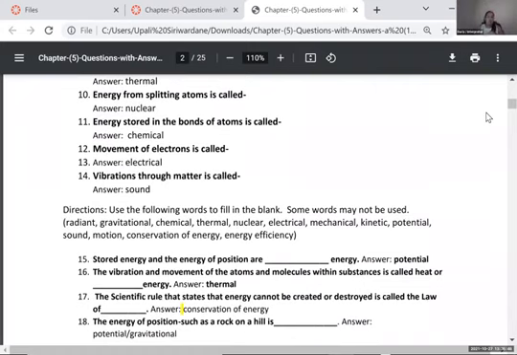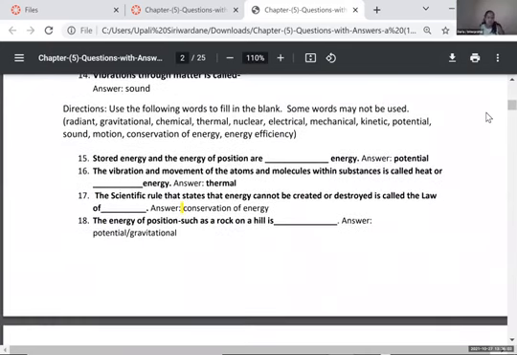Movement of electrons is called electrical current. Vibration through matter is called sound. Sound is the vibration form of energy that transfers through matter as sound waves.